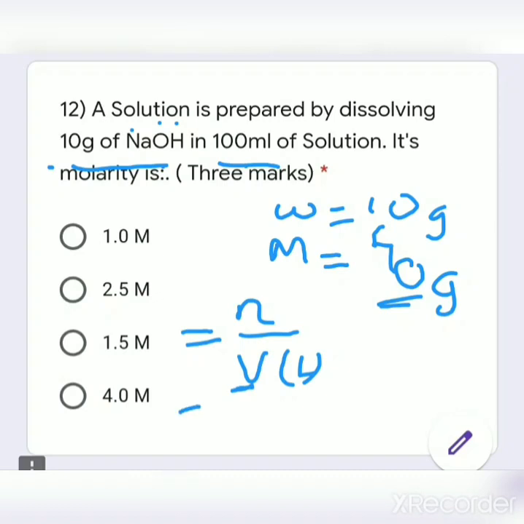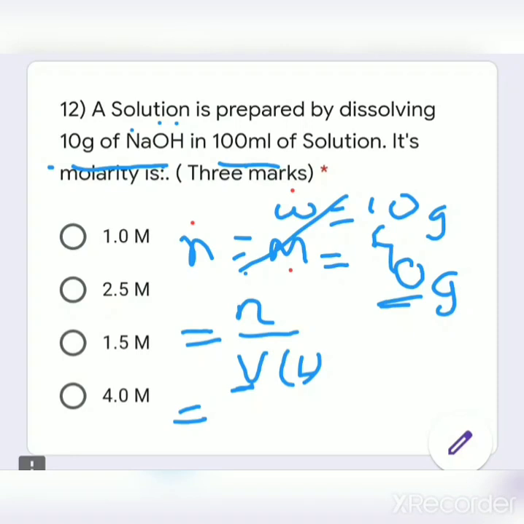So what is n here? n is equal to W by M, that is, number of moles is equal to the given mass by molar mass.